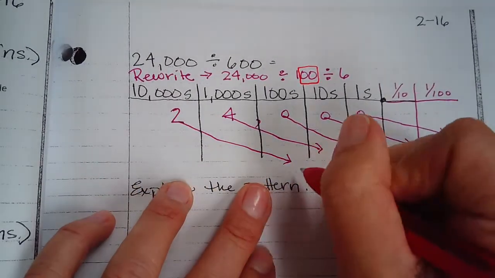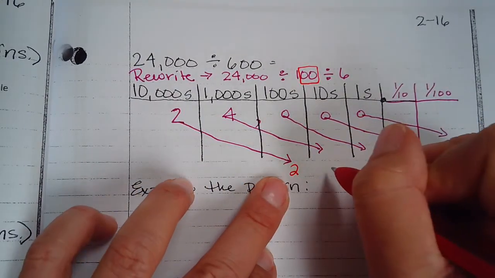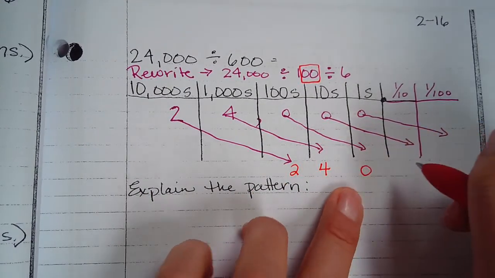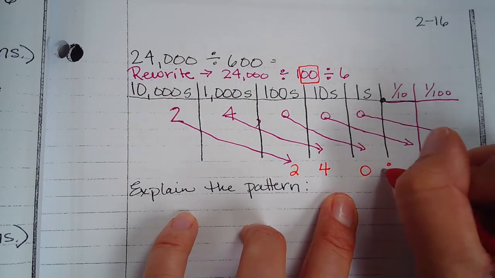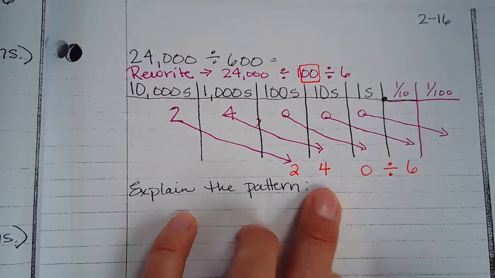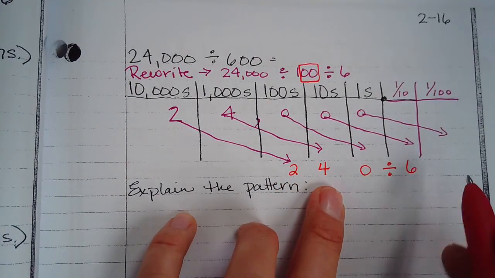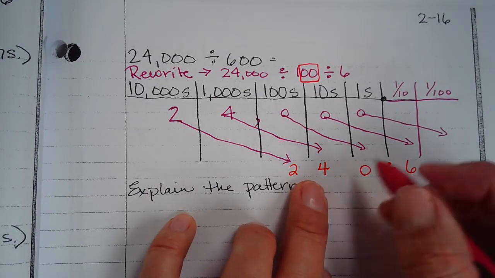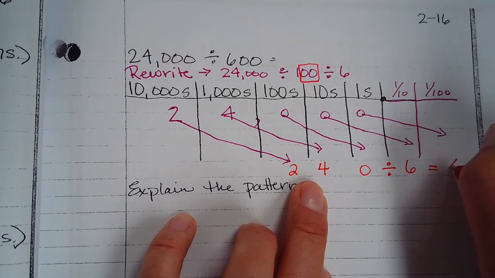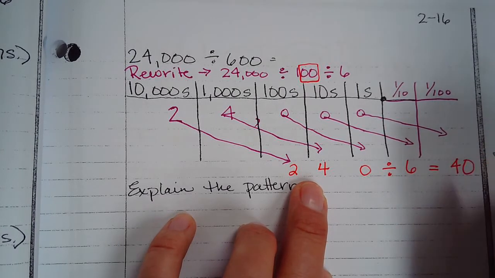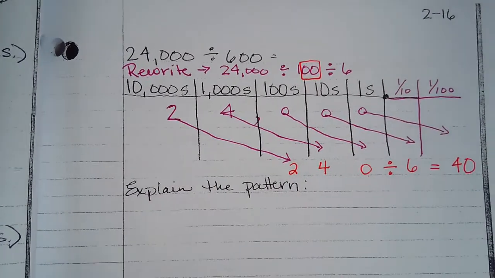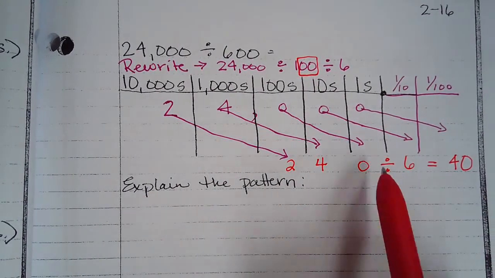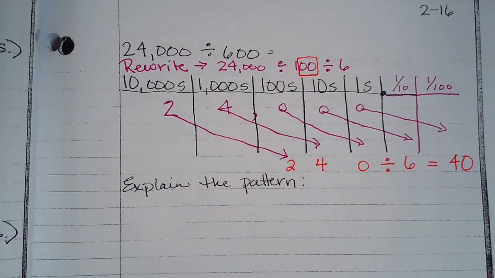So my new number is 240, right? Now I have to divide by 6. 240 divided by 6. Well, we know 24 divided by 6 is 4. And we're going to just add the 0. Yes? Because we're just going to divide and keep the 0, right?